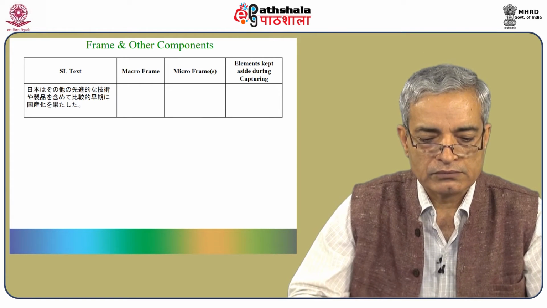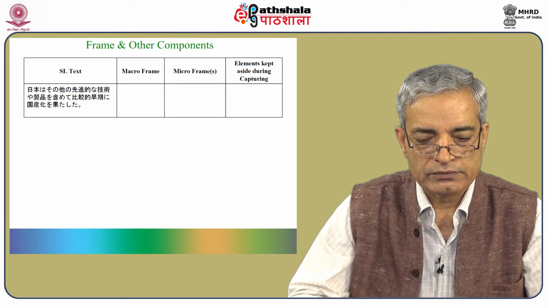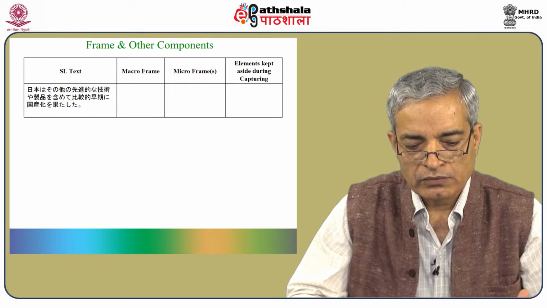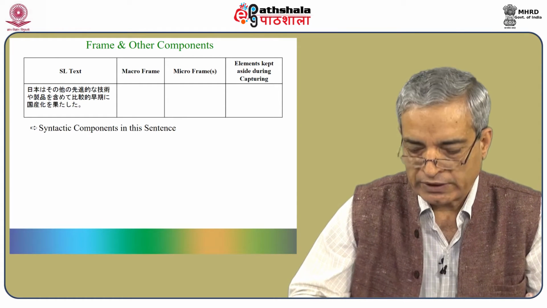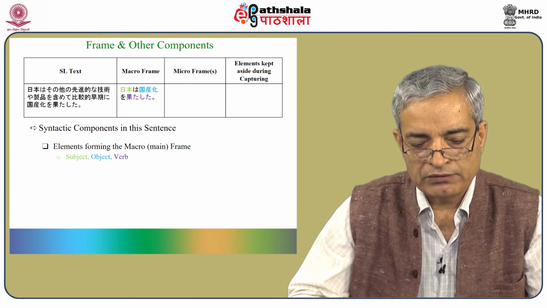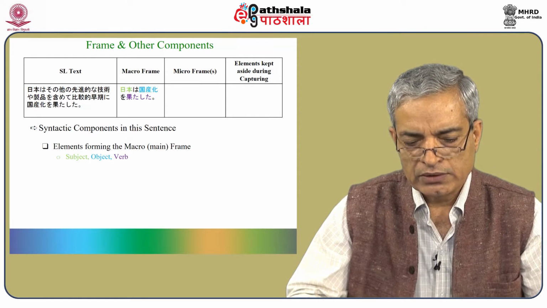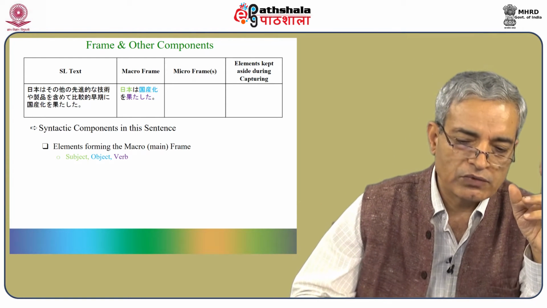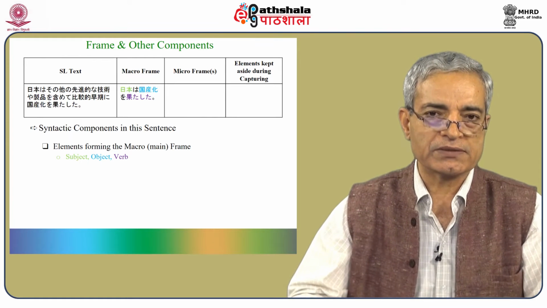日本のその他の先進的な技術や製品を含めて比較的早期に国産化を果たした。So it's 国産化を果たした, that is the catch here, first catch. And if we see 国産化を果たした, and we have micro and macro frames here, if we try to see the syntactic components in this sentence, Rajat, can you tell what can be a macro frame or what can be a micro frame, or what are the elements, but first tell me what are the macro and micro possible frames in this?